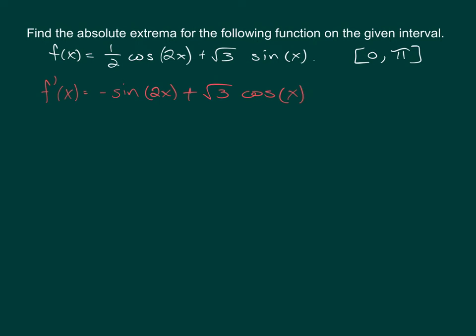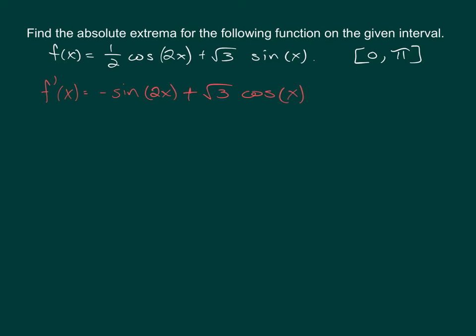So since the derivative is continuous on the open interval 0 to pi, we can say that the original function is differentiable on the open interval 0 to pi. Since we meet these two conditions, we are guaranteed to have a max and min on this interval.